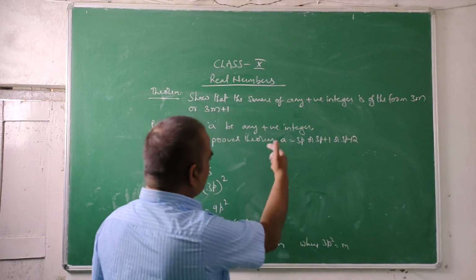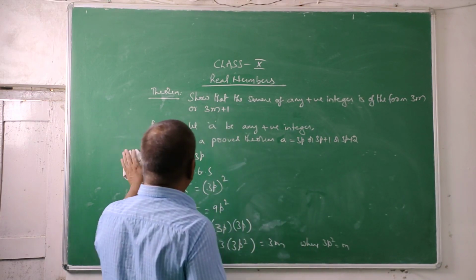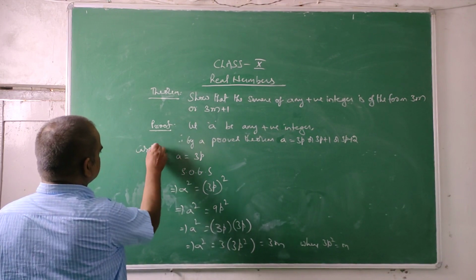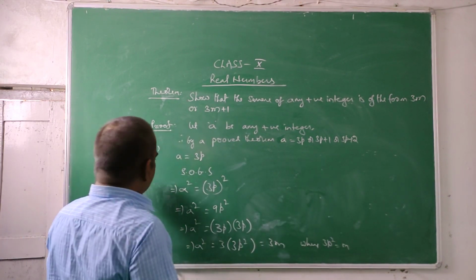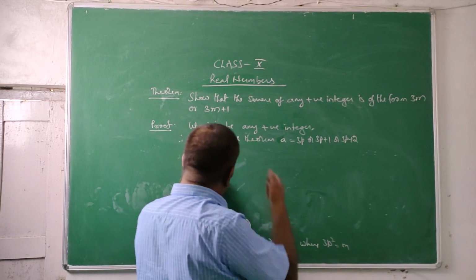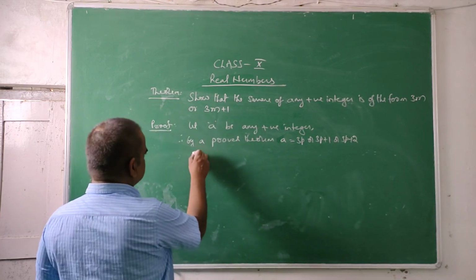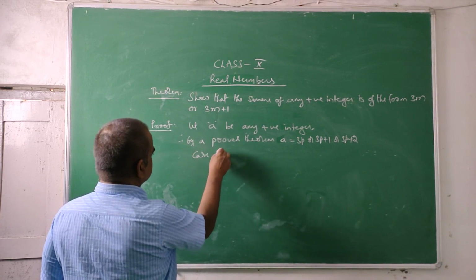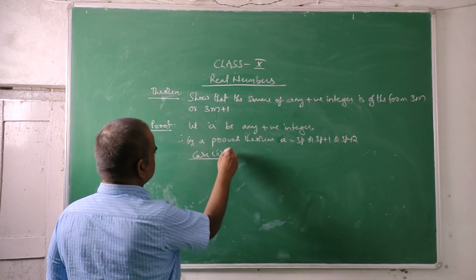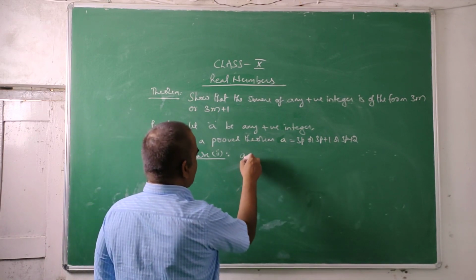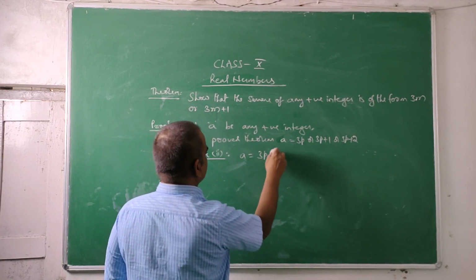So now let us go for 3p plus 1 in case 2. This is case 1. Now case 2. Now let us take in this case a as 3p plus 1.